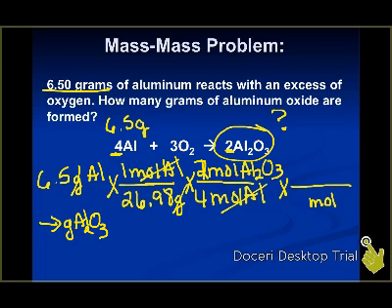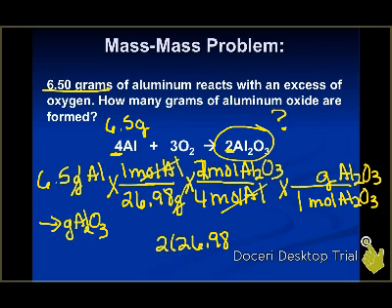And I'm running out of room. We want grams. So I need to look at the periodic table. 1 mole of aluminum oxide. Well, aluminum is 26.98. We have 2 of them. Oxygen is 16, but we have 3 of those.